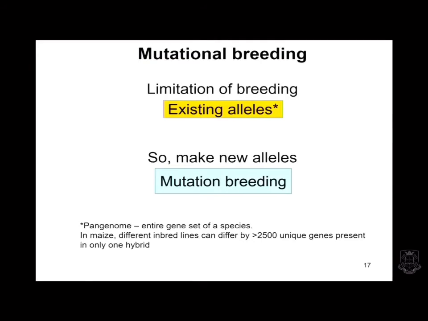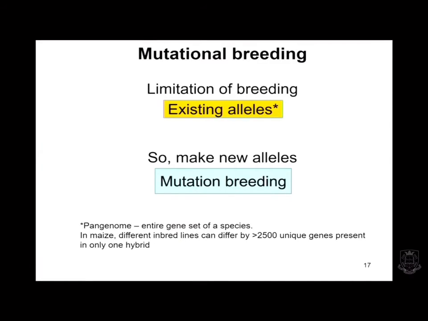So what do you do? If you have a limitation, well, the ideal process is you start to make new ones. And this isn't GM, and this is the critical point that I want to make. What we're going to be talking about next is not characterised as GM at all, except possibly in France, because there is currently something that's going through the courts that might change this.